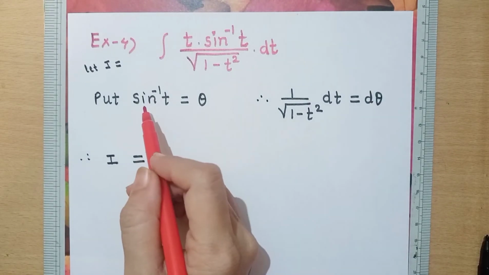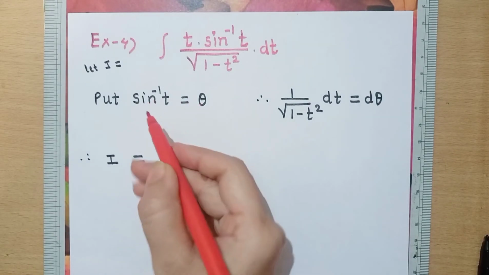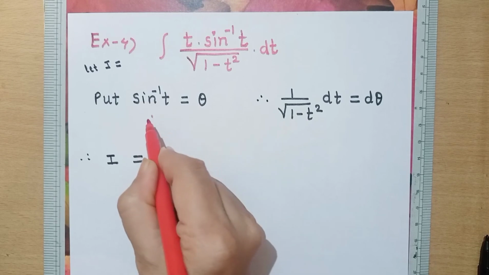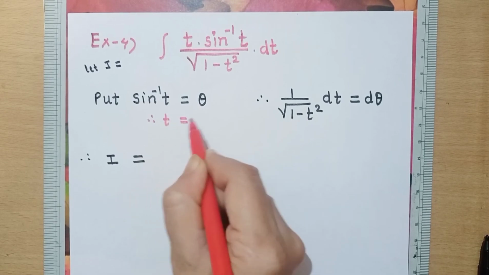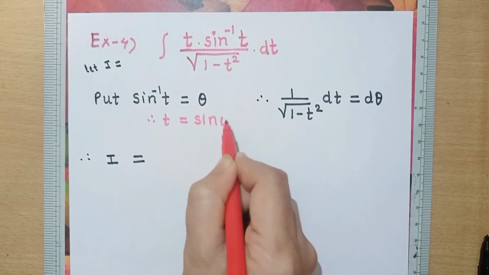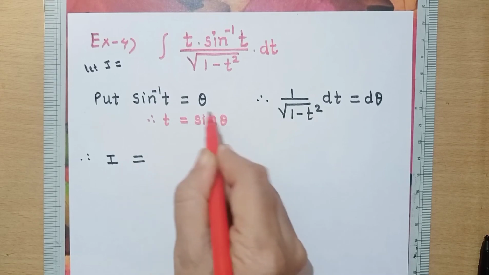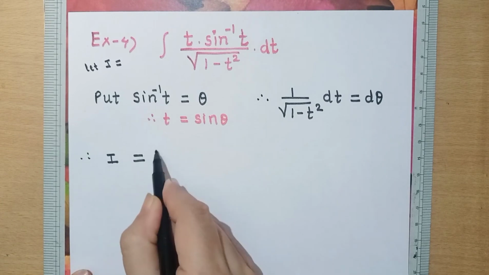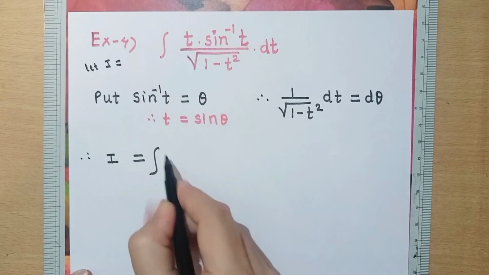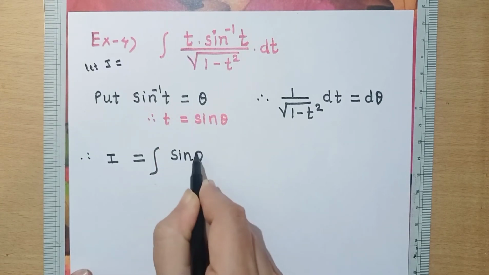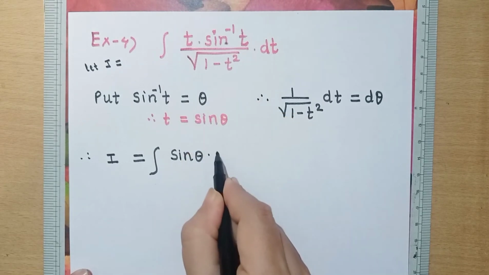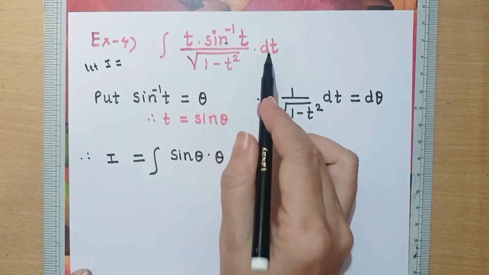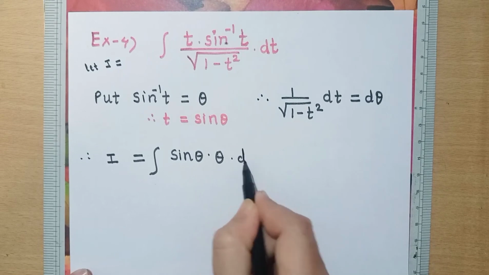We have substituted sine inverse of t equal to theta, move sine inverse to that side and therefore t equals sine of theta. So we will substitute sine theta instead of t. Therefore I equals integration, now t means sine theta, and sine inverse t means theta, and 1 upon this into dt means d theta.